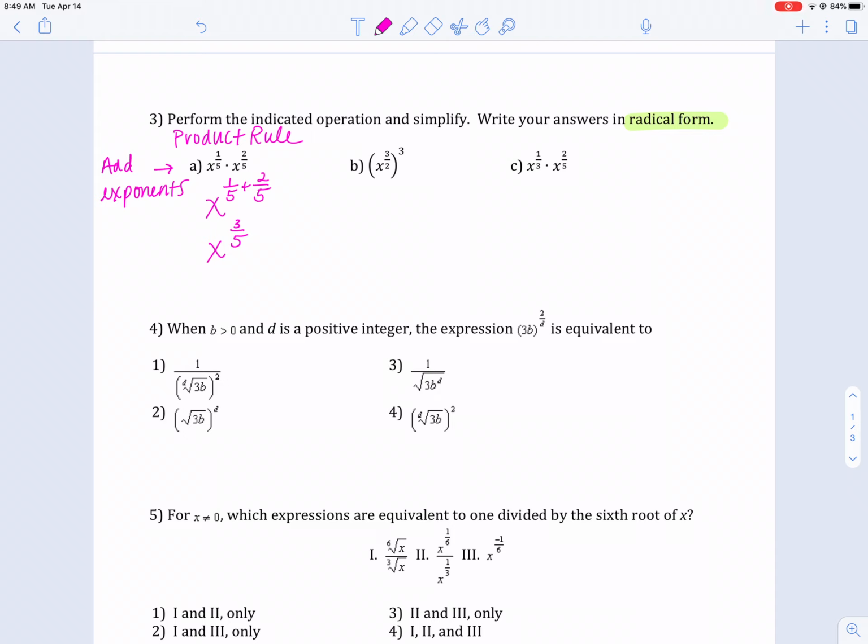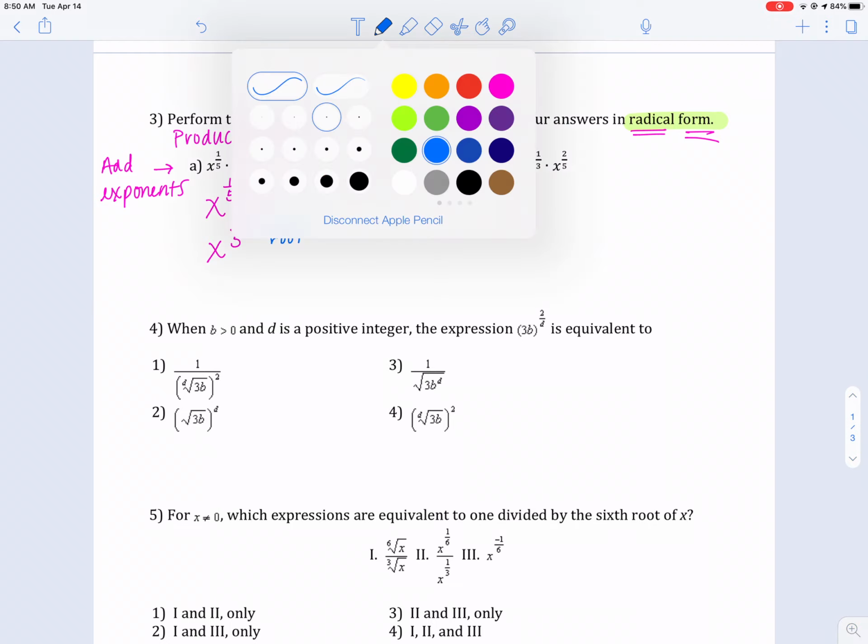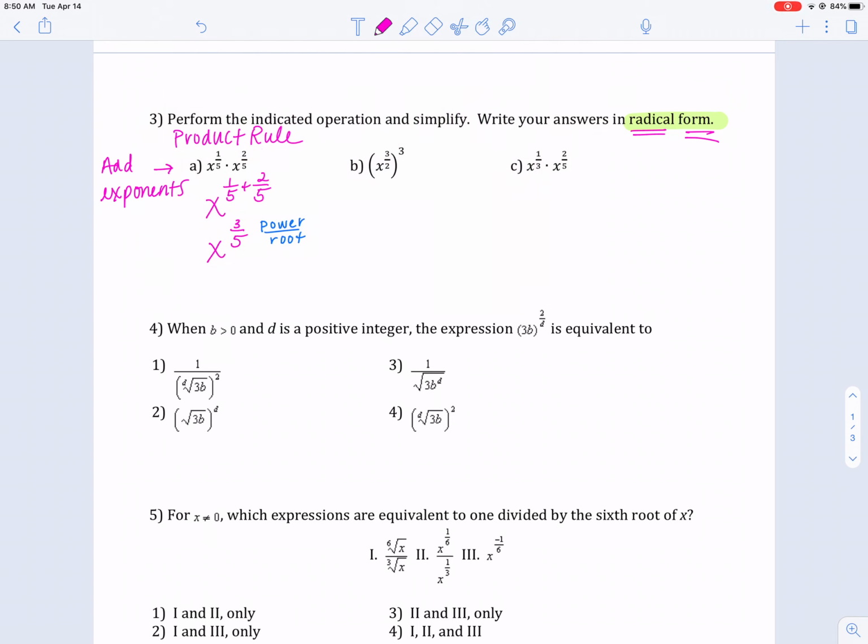We're going to rewrite it in radical form. So that means we're going to show with power and root, which means the root is 5. It's the 5th root of x to the third power. Okay, that's your answer in radical form.